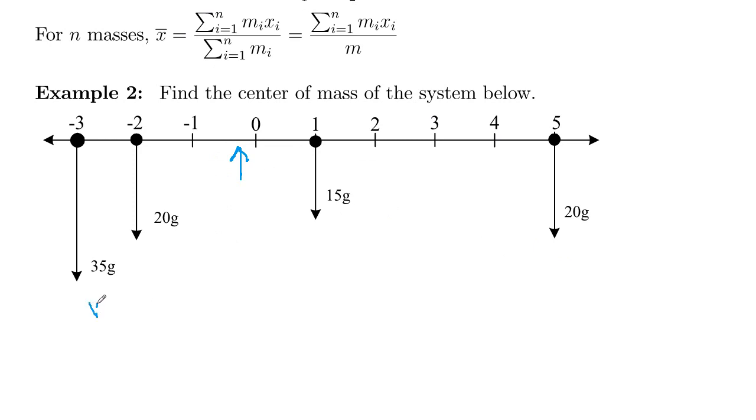So our x bar, our balance point coordinate, should be, we're going to sum the mass times the coordinate. So we've got 35 grams at coordinate -3, and then plus 20 grams at -2, and then plus 15 at 1, so 15 times 1, and then 20 grams out at 5.